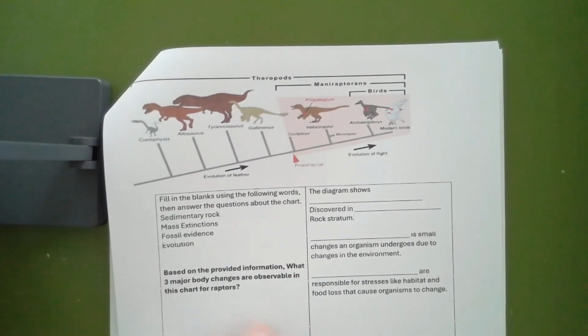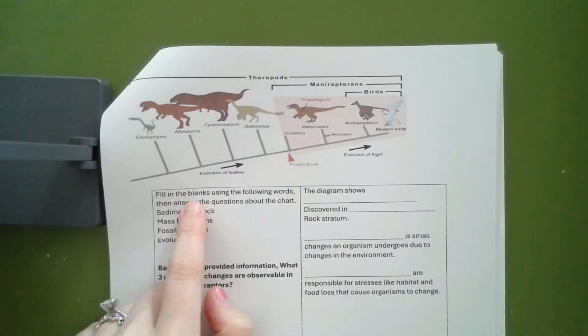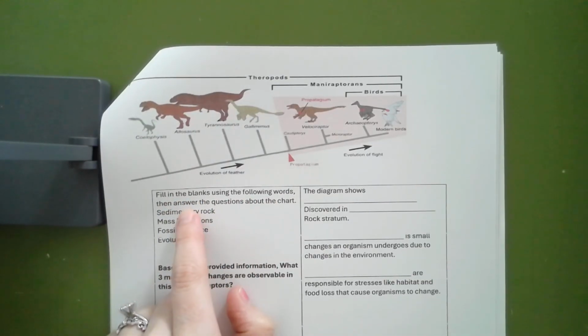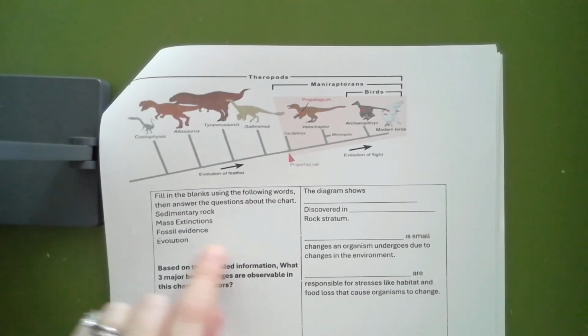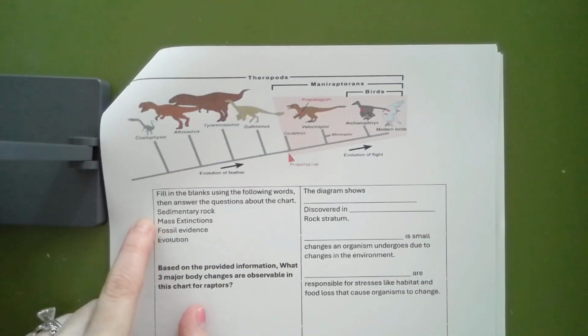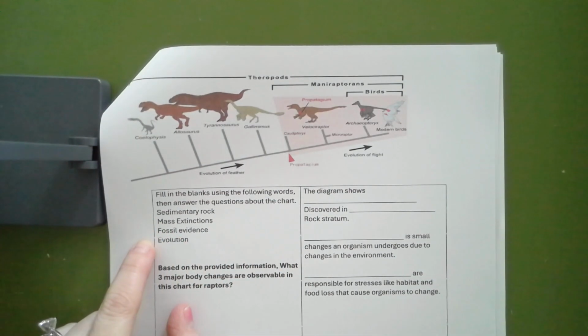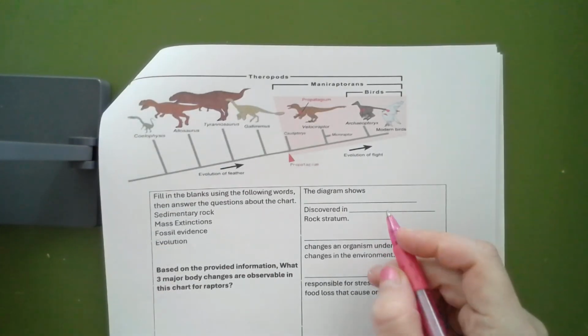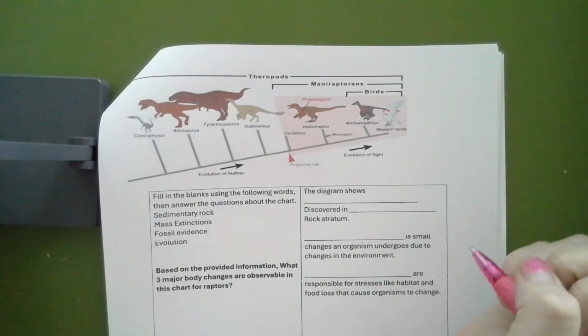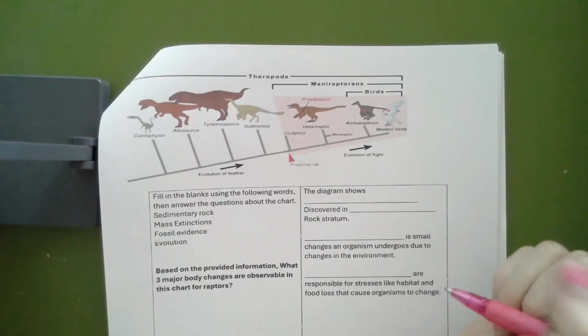Okay? Allosaurus. All right. Fill in the blanks using the following words. Then answer the questions about the chart. All right, so we have these words: sedimentary rock, mass extinction, fossil evidence, evolution. The diagram shows what? Fossil evidence. Evolution?